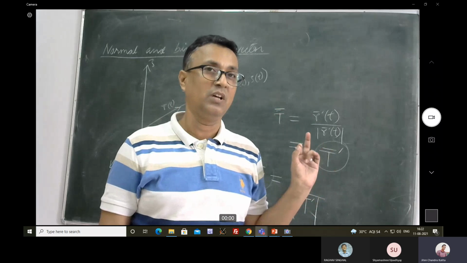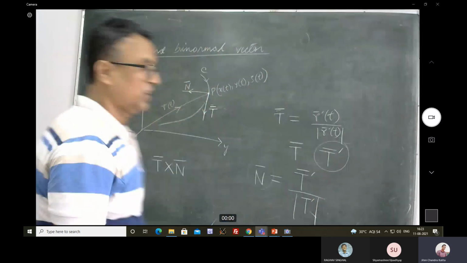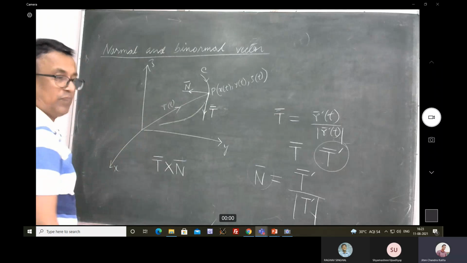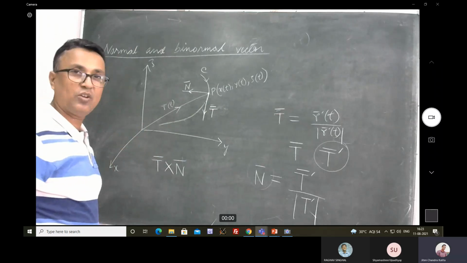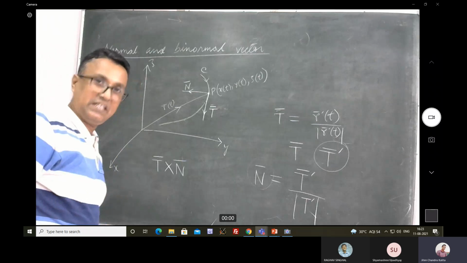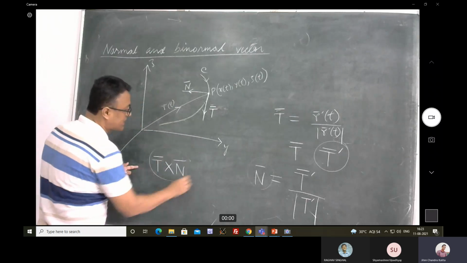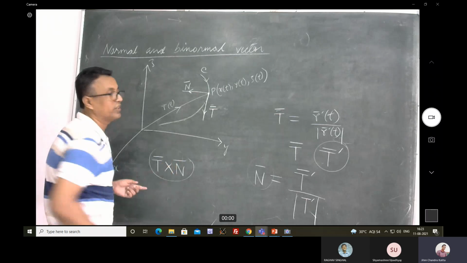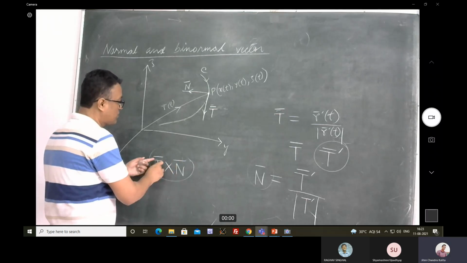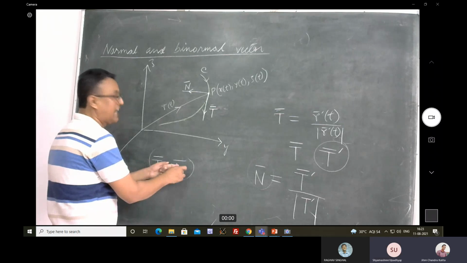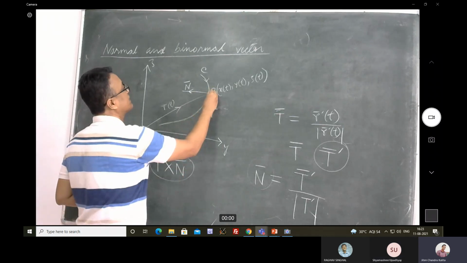That I have to assume, otherwise all these studies are invalid. Because if r prime of t is 0, then the existence of the tangent is also invalid, isn't it? So obviously their cross product is also going to be a vector which is perpendicular to both T and N. It is going to be something like this.